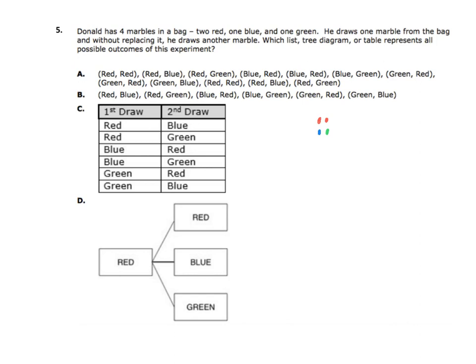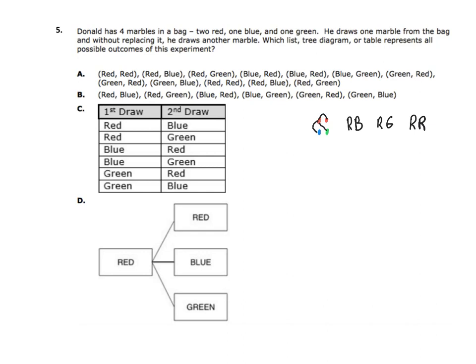So to do this, I'm going to figure out all the different combinations. So if I were to go red to blue, I'm going to represent that by RB. Now, I already have that connection, so now I'm going to go red to green. And now I'm going to go red to red, because we are drawing 2 marbles without replacing the first one, so it can't be that same red.